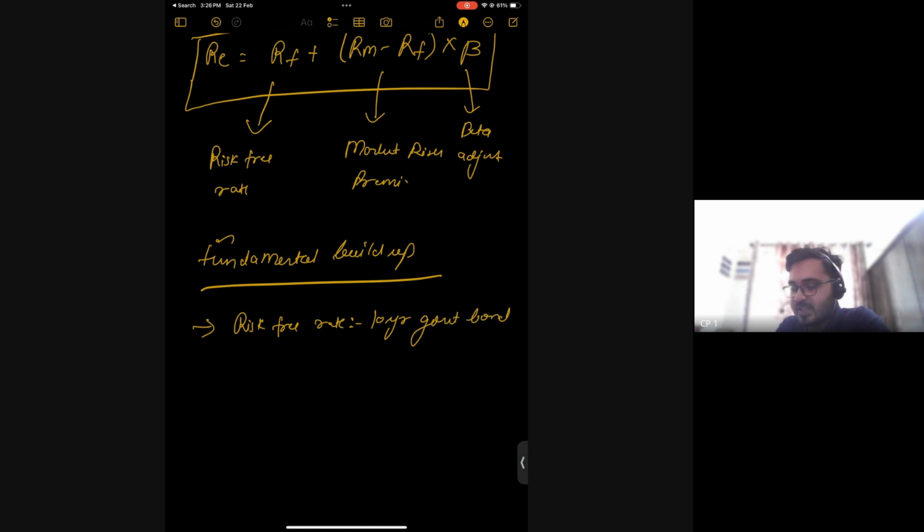Why do I call it the risk-free rate? Because if you look historically, among all the asset classes, one class hasn't defaulted. I mean, there are exceptions to this, but if I ask you where you can park your money and be 100% sure that the money will be paid, you will say, sir, it's government bonds. Does it mean that governments have never defaulted? No, I can give you exceptions about Russia, Greece, and all of that.